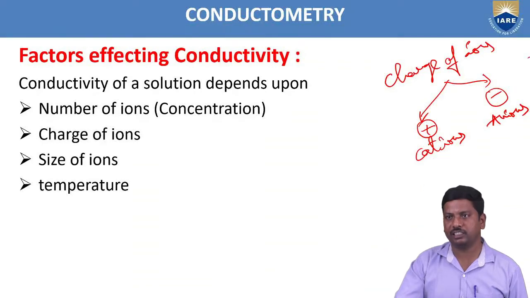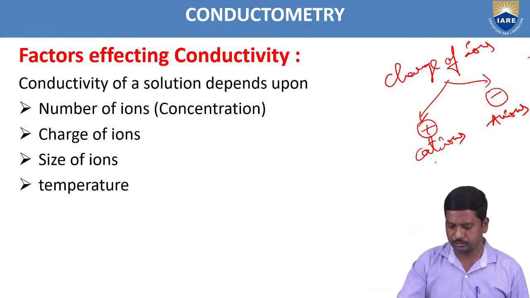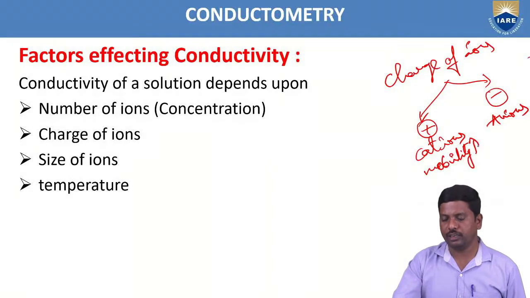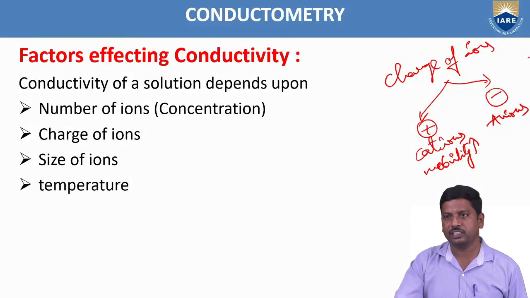Automatically, when size decreases, the mobility increases. When the negative charge increases on the species, the size of the ions increases, and automatically the mobility decreases.